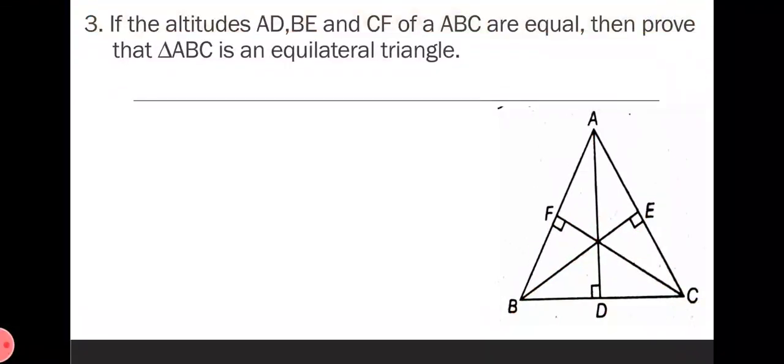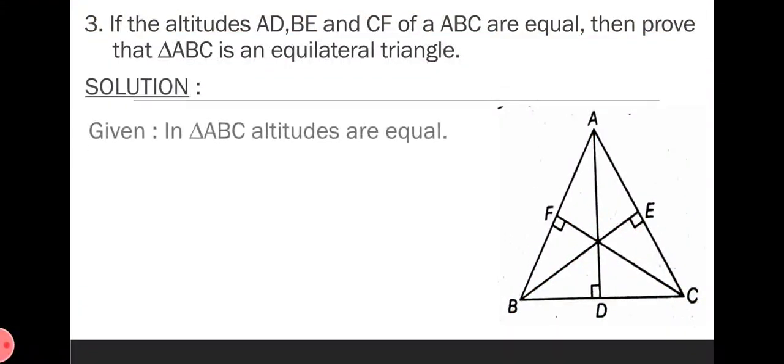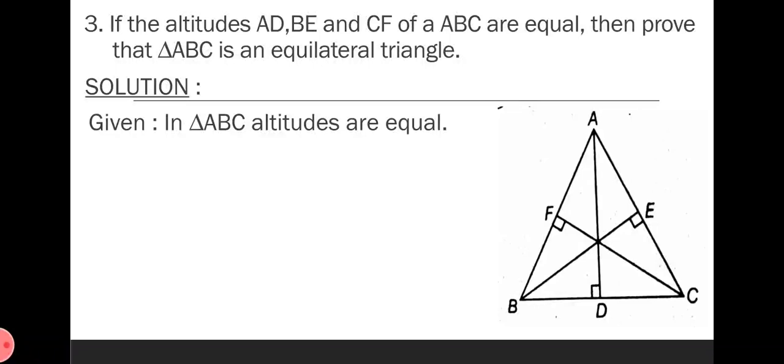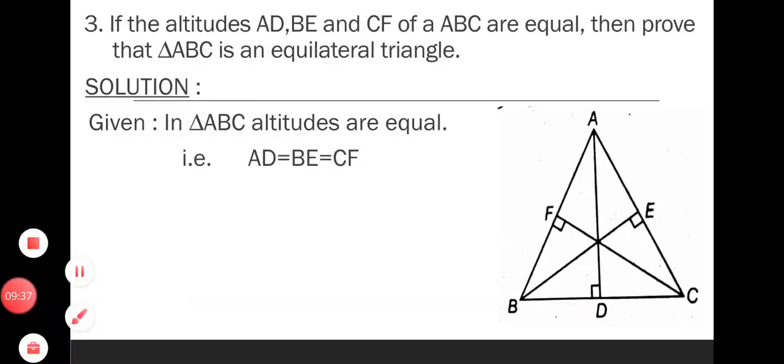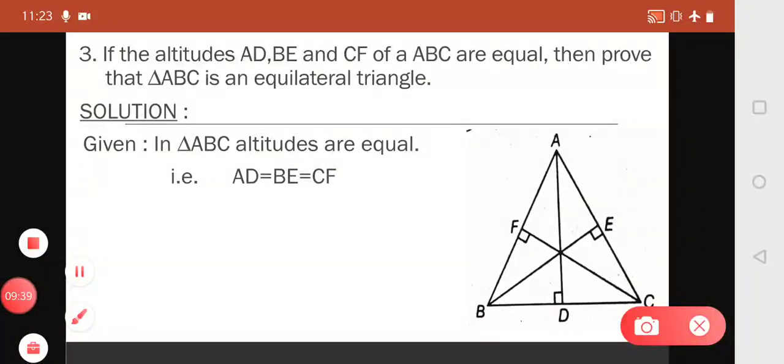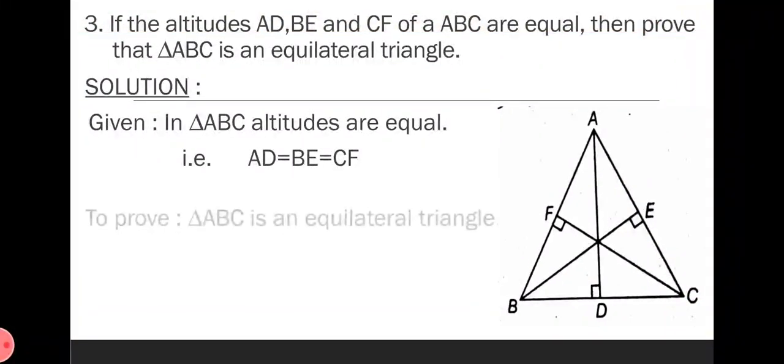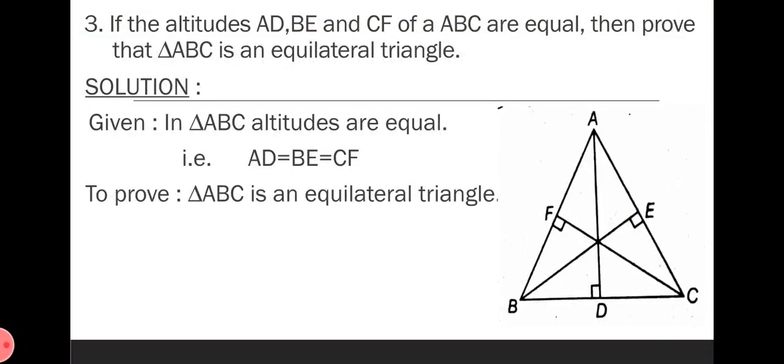Let's see the given. For the solution, it is given in triangle ABC the altitudes are equal, that is AD equal to BE equal to CF. These three altitudes are equal. We have to prove that triangle ABC is an equilateral triangle, that is AB equal to BC equal to CA. Proof.